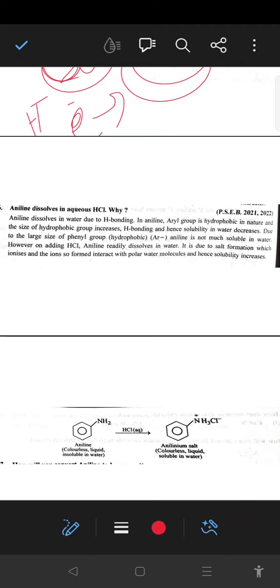Due to the larger size of the phenyl group, aniline is not much soluble in water. However, on addition of HCl, aniline readily dissolves in water, and it is due to the formation of a salt. Aniline does not dissolve in water itself, but with the help of HCl it readily dissolves due to the formation of a salt, that is the anilinium salt.